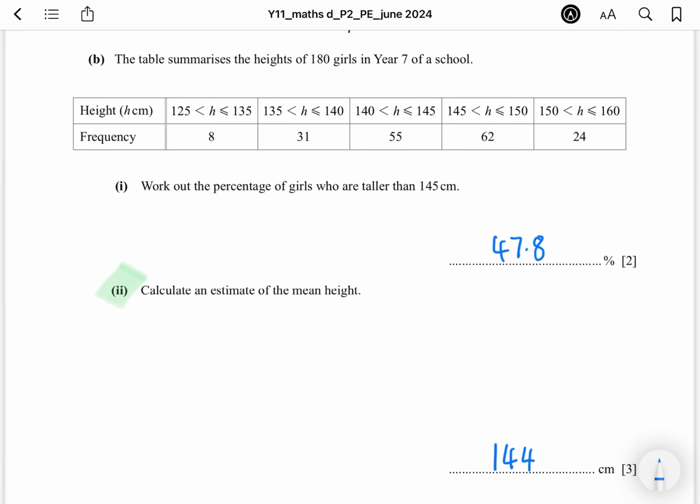Calculate an estimate of the mean height. So what is given is a frequency table.